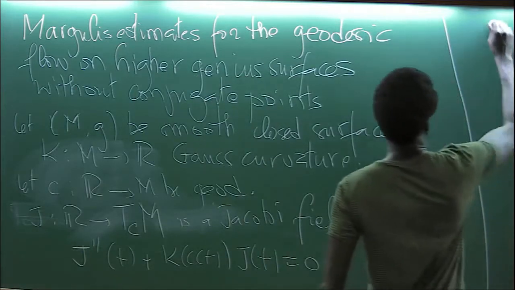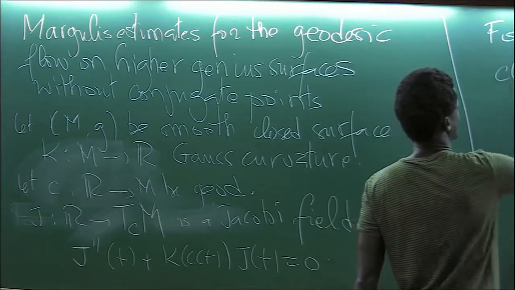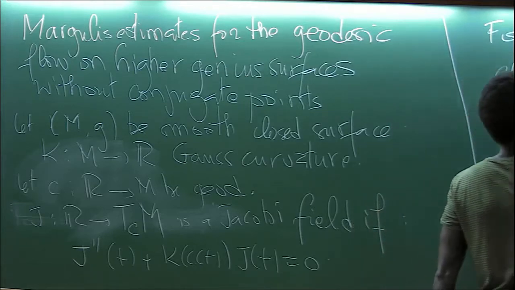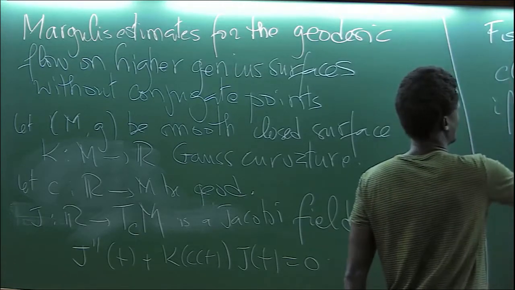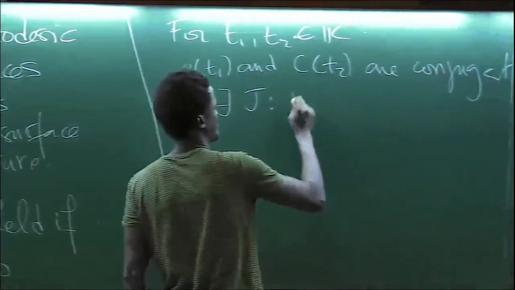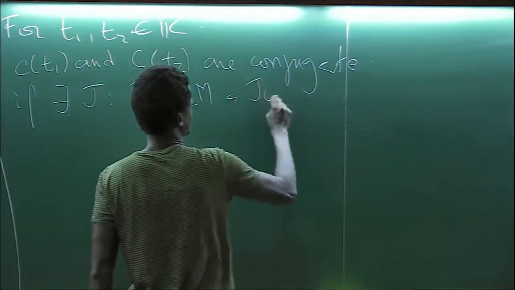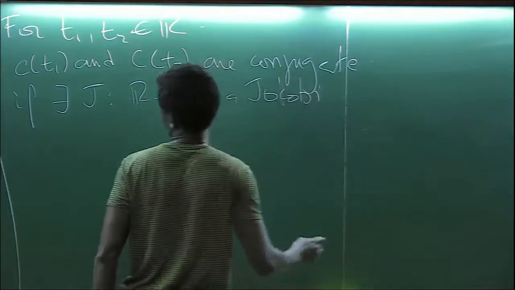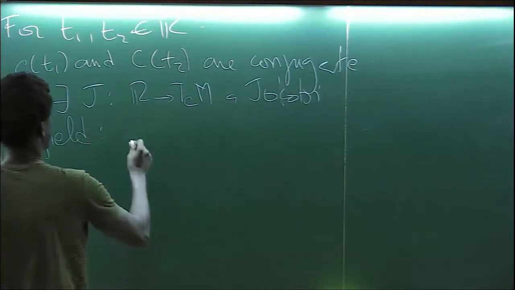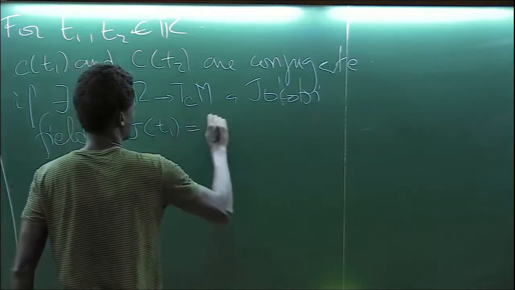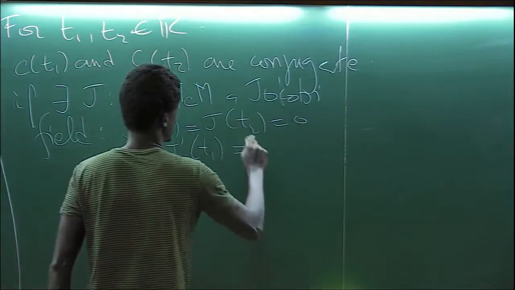Now we say that for t1, t2 in R, c(t1) and c(t2) are conjugate if there exists a Jacobi field J from R to T_cM such that J(t1) equals J(t2) equals 0, and J'(t1) is different from 0.